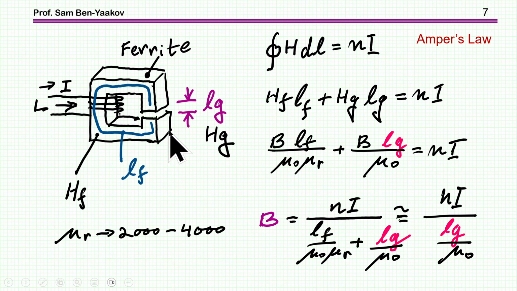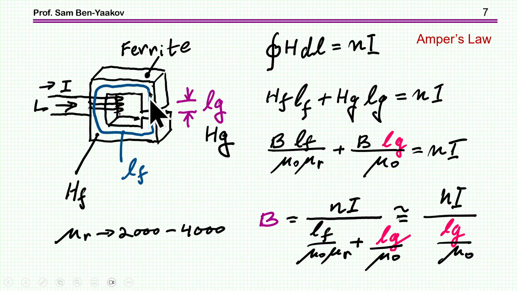So now we come to this classical design of a ferrite core with the air gap. And here is the explanation. What is this gap actually doing? Now, I'm starting again with Ampere's law. I'm showing here the circular integral form because I'm moving now through two zones.